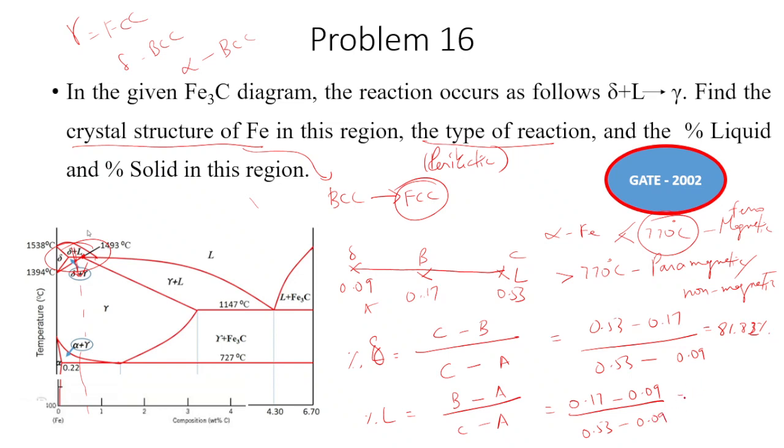So our final answer would be around 18.18 percent. So we found the percentage of delta and percentage of liquid. Okay, moving on to the next problem.